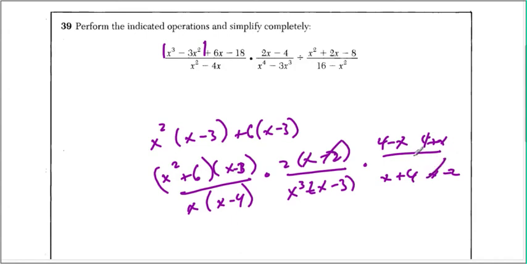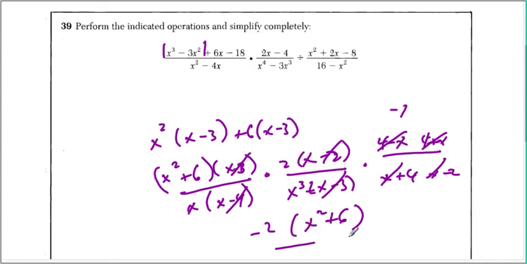Minus 2, plus 4, minus 3, minus 4 is negative 1. So that gives us negative 2, x squared plus 6, all over x to the fourth. Good. Done. Hope that was fun for you.